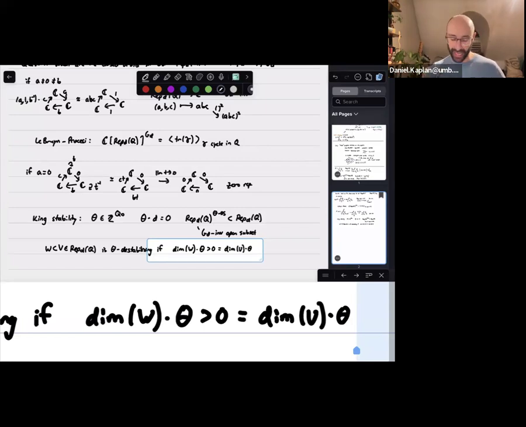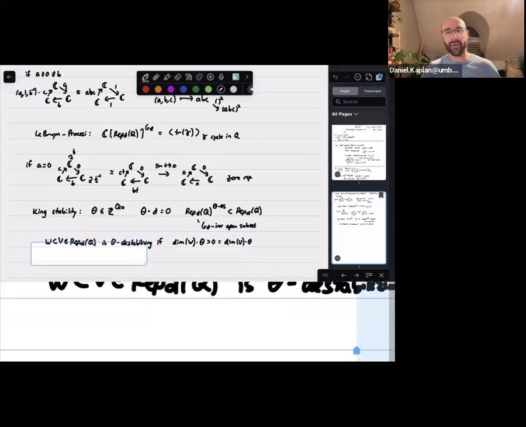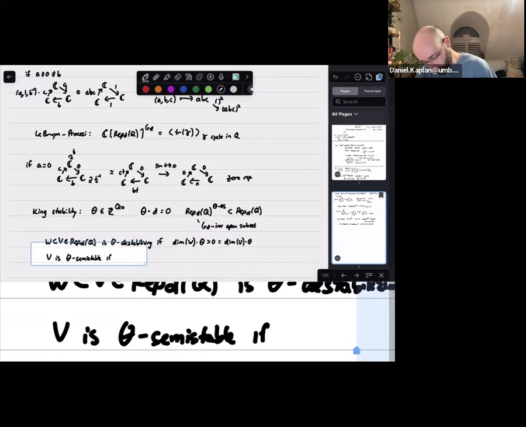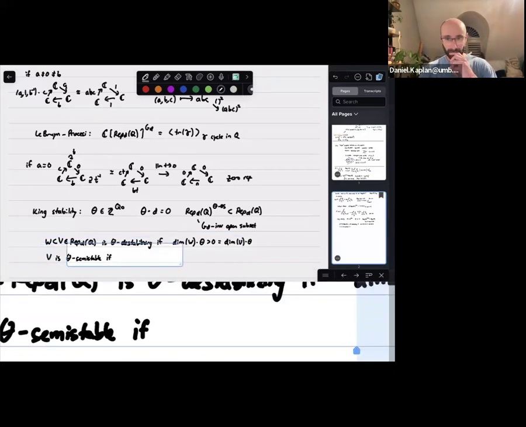And that's exactly this condition that the dot product with the dimension vector is 0. Okay, so from this definition, we now have a notion of V is theta semi-stable if no such W exists.